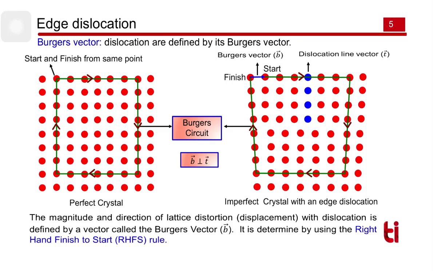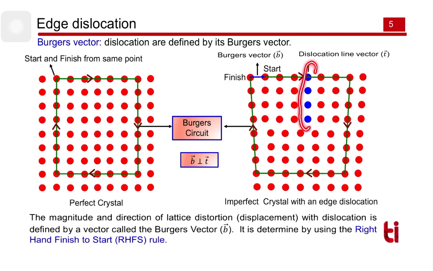To reach the same position, I have to go one interatomic spacing backward. So you can say one interatomic spacing. It means this is a magnitude which we are talking about, which is one interatomic spacing.